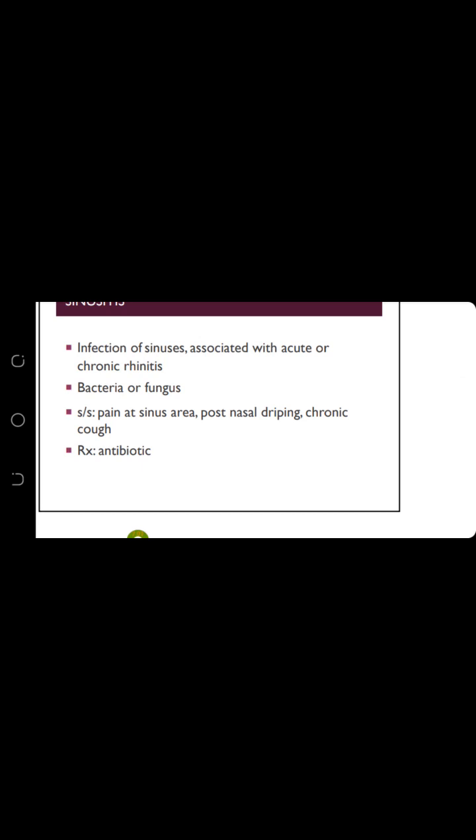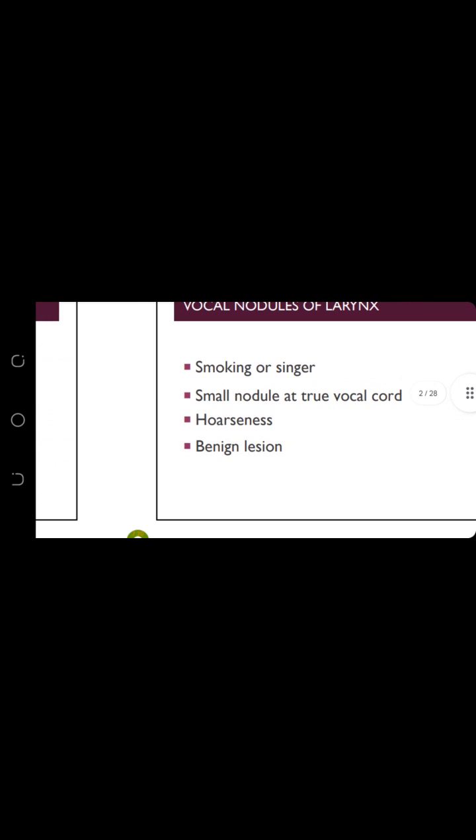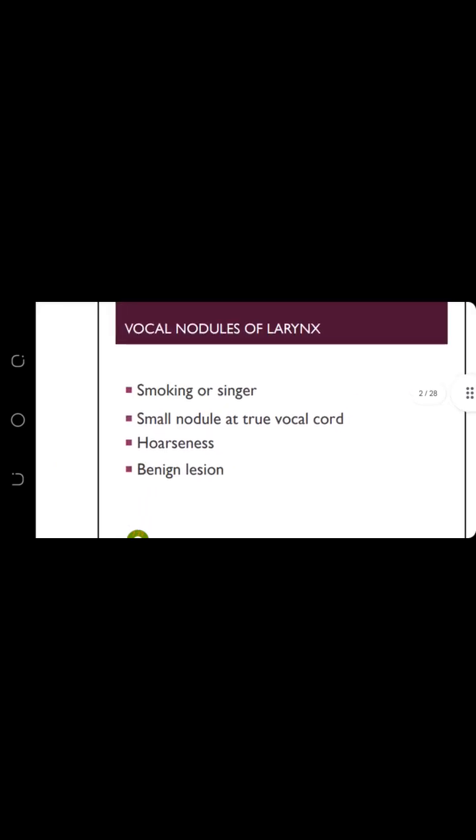So a person will be coughing, experiencing all these. These infections react to antibiotics, so you can prescribe antibiotics for such infections affecting the respiratory tract.